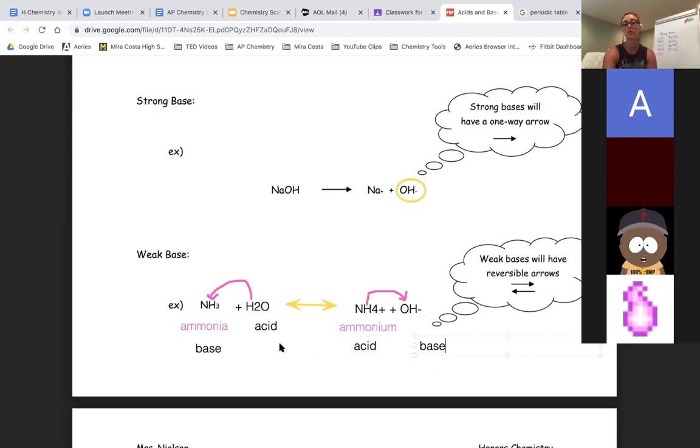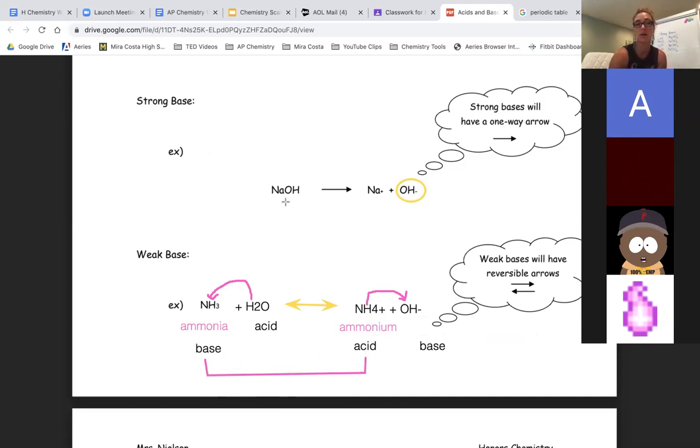And so what we have here is something called conjugate acid-base pairs, in case you come across this. Ammonia, after it accepts the hydrogen, becomes ammonium.